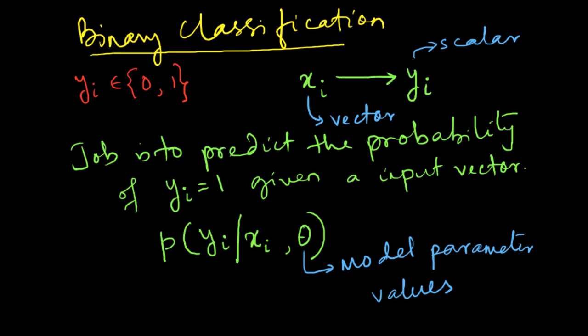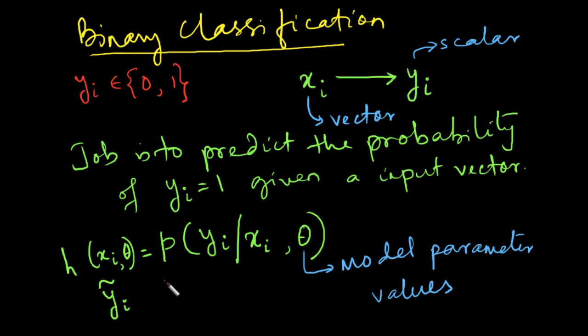So this probability we are going to denote by the function h. So this is our h given xi and theta. And this in some sense is your yi tilde. So this yi tilde is the predicted output for a given input data point and learned model parameter values.